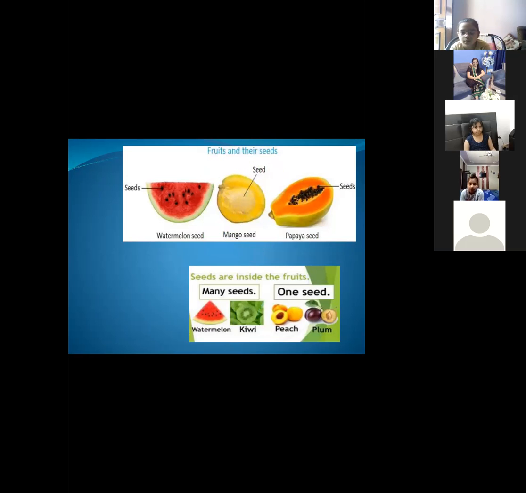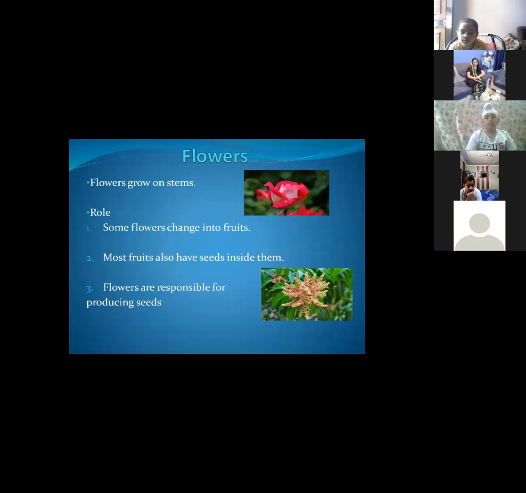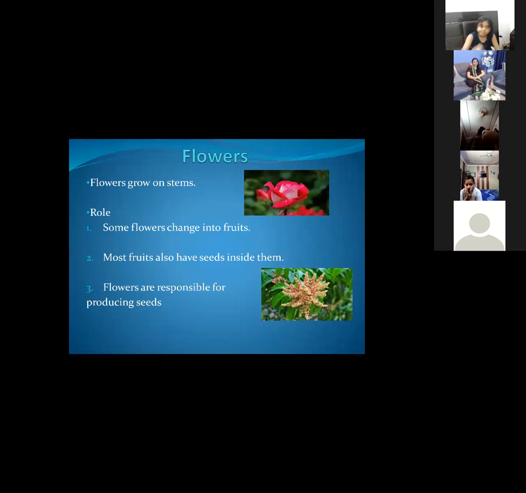This is the mango. So the flower which you saw in the picture was of what? A mango flower. Now, can you correlate it? From the mango flower, you get your mango fruit. So some of the flowers change into fruit.